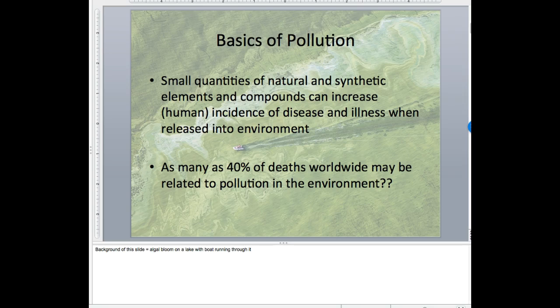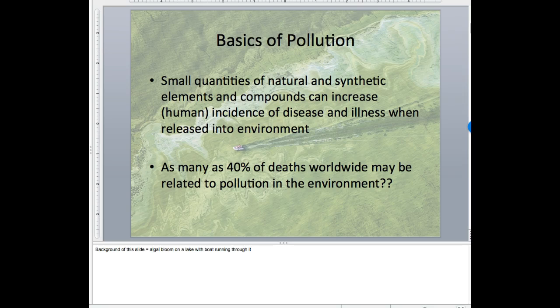So just a couple basics and definitions. When we refer to pollution, we're talking about small quantities of natural or synthetic elements and compounds that increase human incidence of disease and illness when released into the environment. And worldwide, we may see as many as 40% of all deaths related to pollution in the environment in some way, and that can be through exacerbation of natural asthma symptoms if you are exposed to air pollution.